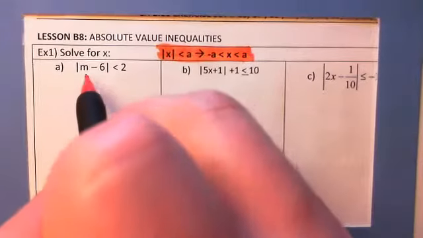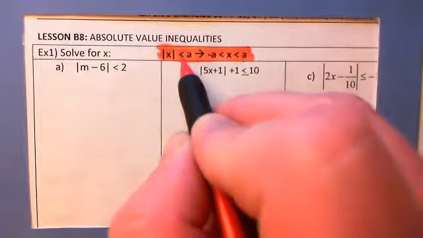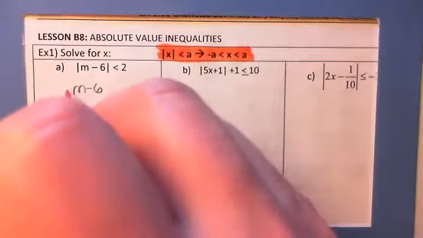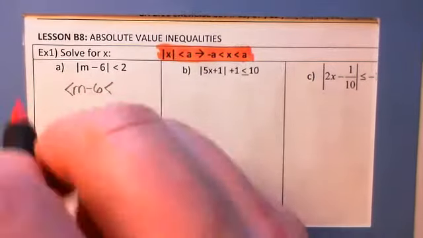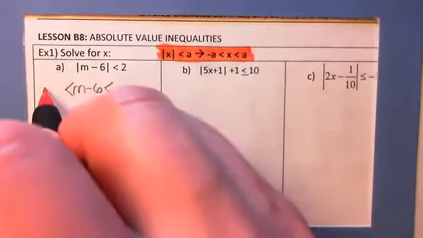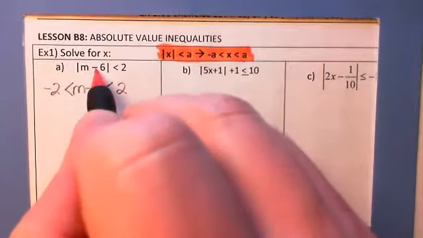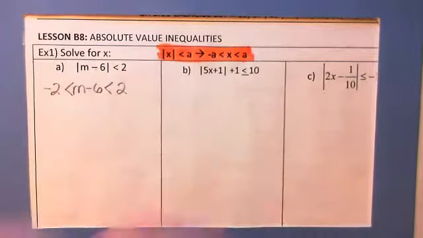I have the absolute value of n minus 6 less than 2, so according to this, if I have a less-than statement, I'm going to copy the inside, and I'm going to put these symbols, and I'm going to put one to be negative, so negative 2, and the other one to be positive. Basically the inside goes here, and this number goes here and there, with a negative in the front.